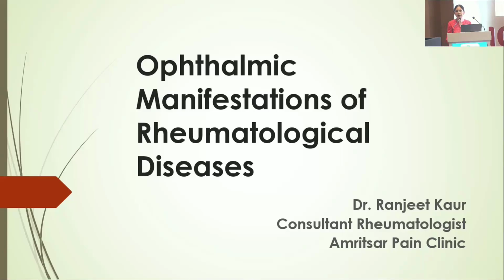It can be one of the earliest organs to show disease activity, and these diseases may manifest as a variety of ophthalmic conditions with a wide range of signs and symptoms. So the common ocular diseases are keratoconjunctivitis sicca, episcleritis, scleritis, uveitis, keratitis, retinal vasculitis, and optic neuritis.